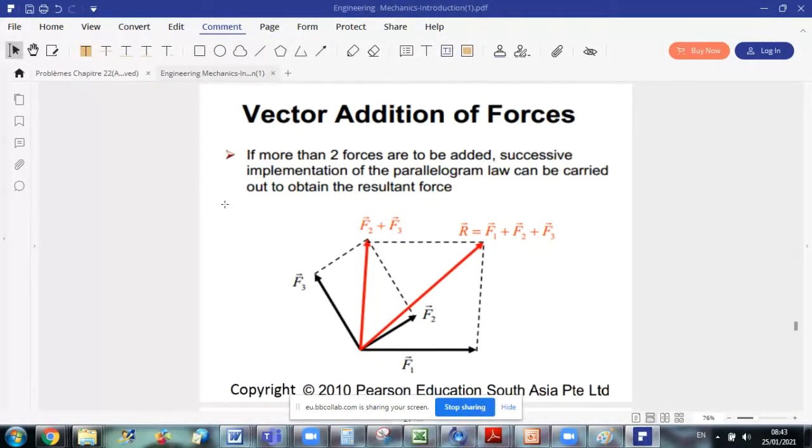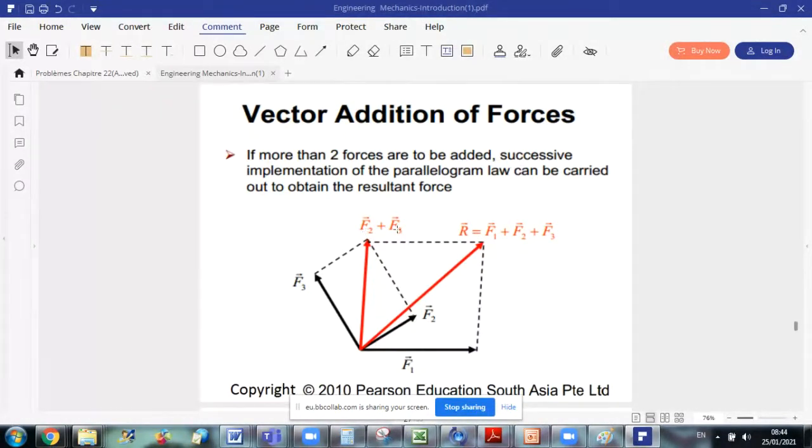Now, if I have more than two forces to be added and I want to use the geometrical method, I should have successive implementation of the parallelogram law to obtain the resultant force. As an example here, if I want to do F1 plus F2 plus F3, I can start by adding vectors F2 and F3. I get the resultant here, the first vector in red.